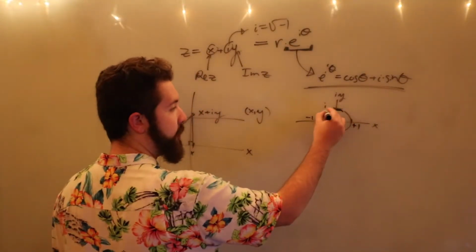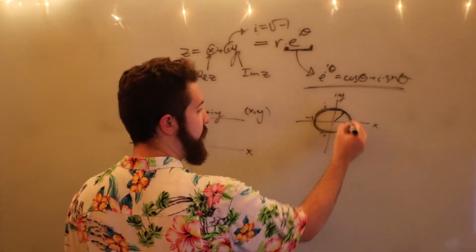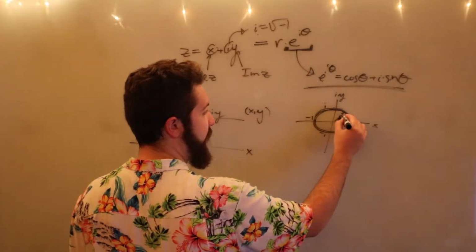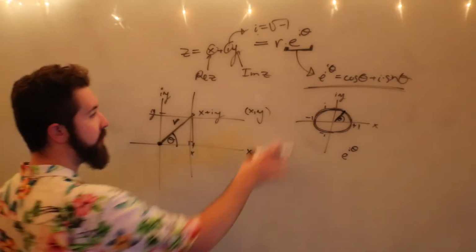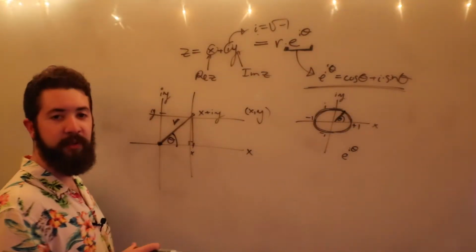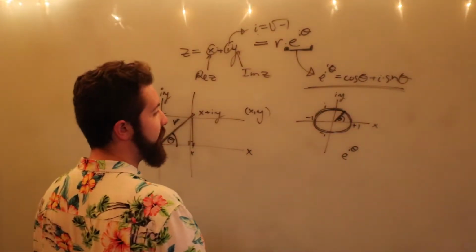At any point on this unit circle can be written as e to the i theta, where this theta is the angle. Just have to take that for granted. It's actually a really beautiful statement, but it involves some calculus to show that it's true. So I don't want to get into that, but you can just take my word for it.